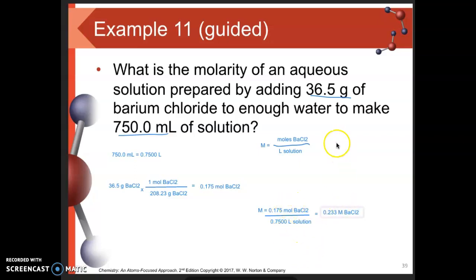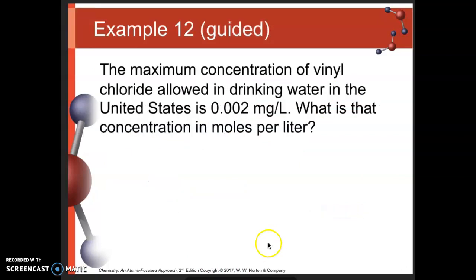So in simple terms, that's how we can calculate the molarity if we have a mass and a volume of solution. Now, what if we have something else? Let's say that we have a concentration in milligrams per liter. Milligrams per liter is another way of saying parts per million. How can I change that into moles per liter?